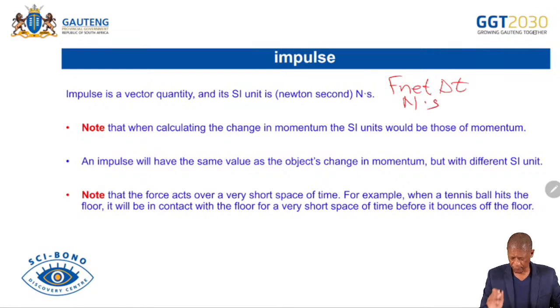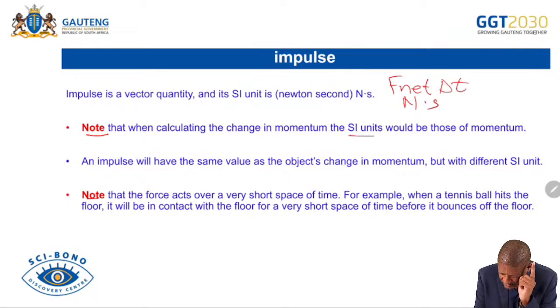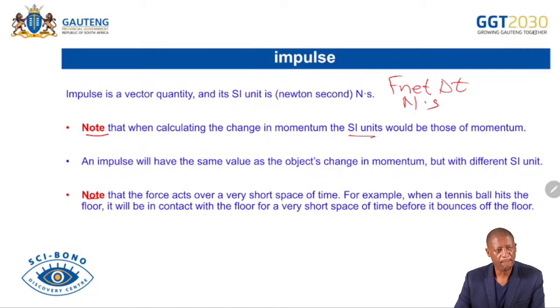Note now, I've put the note in red. Note that when calculating change in momentum, the SI unit for change in momentum would be those of momentum. In other words, the SI unit of momentum is what we know. Let's start with momentum.